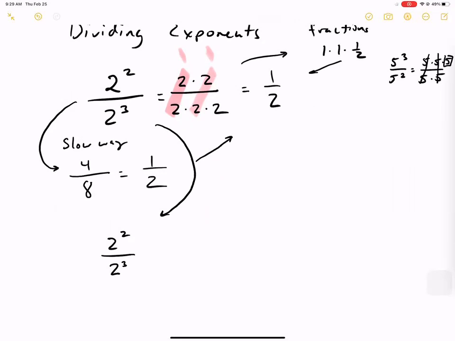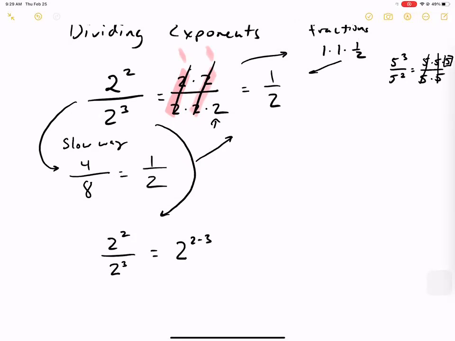The simplest way is what we just did. It's just to say, hey, I have 2 and 2, we have 1 left over. But I'm going to do this in another way. If we're dividing powers, we are actually subtracting powers. Take a look at that.